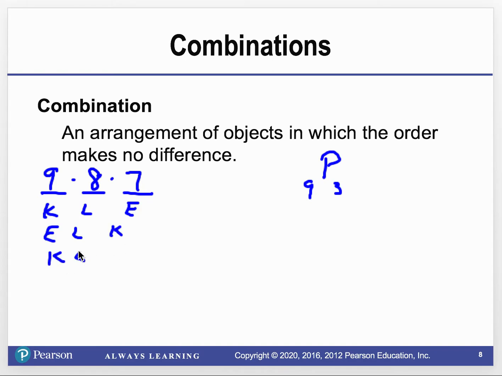Chrissy, Emma, and Luz is a different line, right? Let's think of these as first place, the first one that gets up there. It's different if Chrissy wins and she gets in first place, or if she's third, right? It's different if Emma is first or second. So these are different lineups, different arrangements, right? I can just tell by looking at the letters, they're different arrangements.